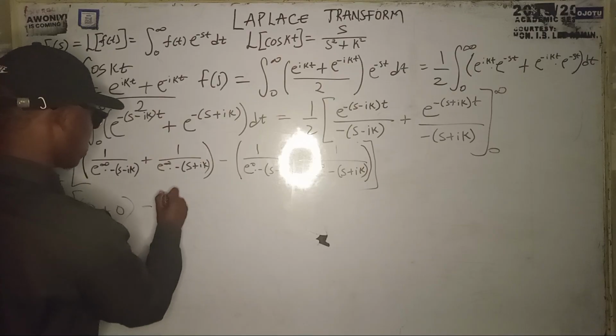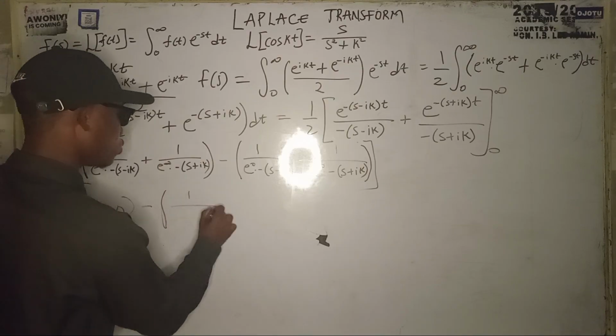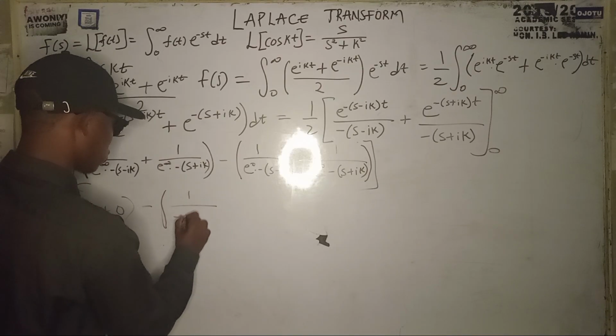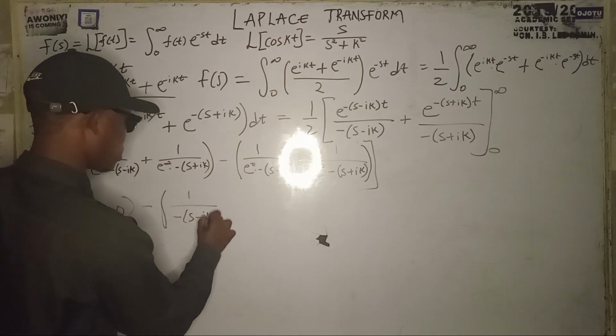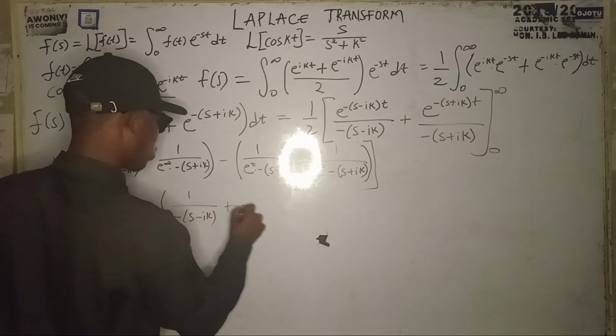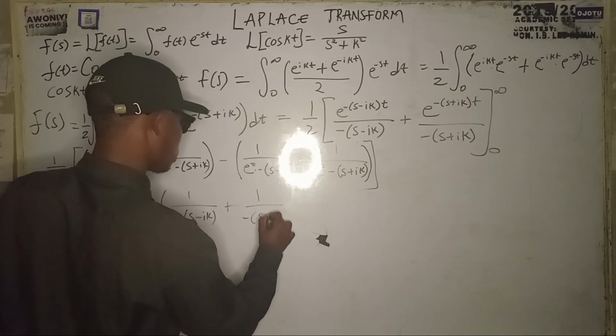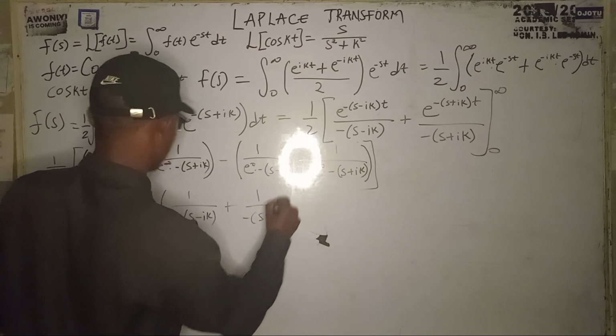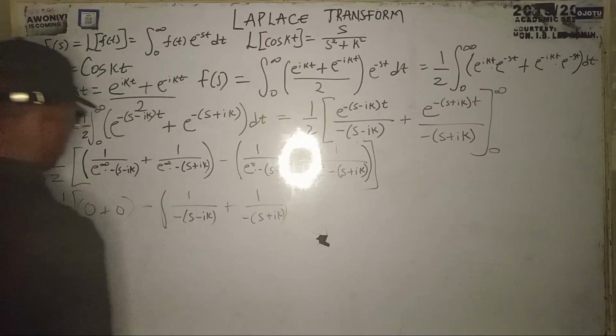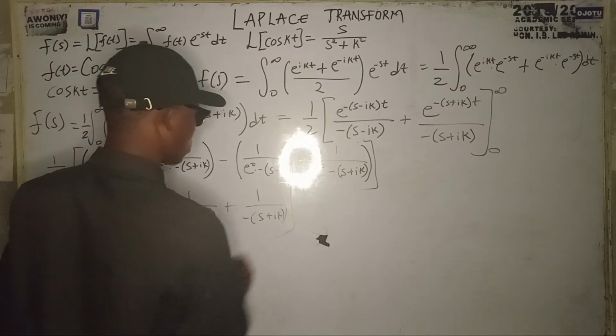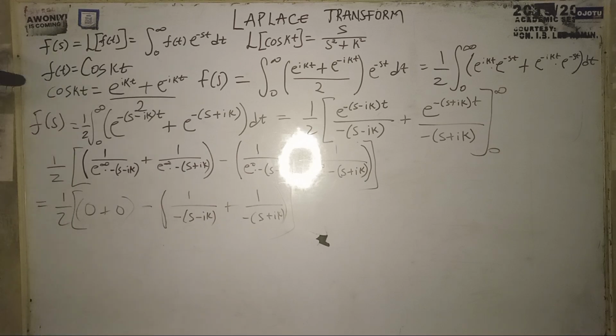We have 1 over minus into bracket s minus ik, plus 1 over minus into bracket s plus ik. Close the bracket and the bigger bracket over there.